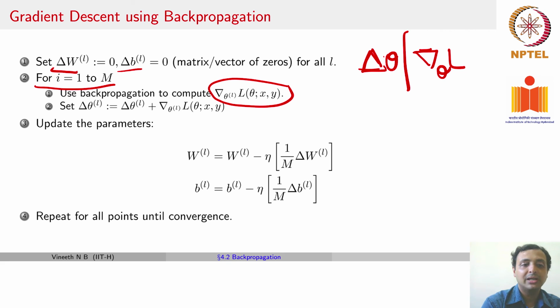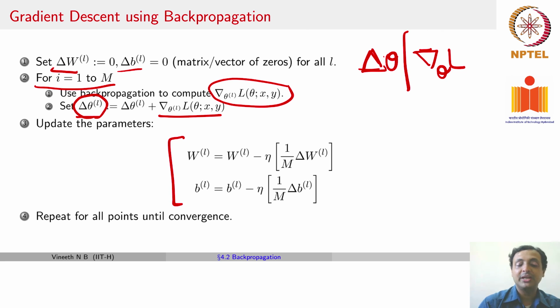Now your delta theta, composed of delta W and delta B, you increase by this much gradient. You keep doing this over a for loop for every data point in your data set, and that gives you the total delta theta, delta W and delta B. That's the total change that you want to make to your W and B.